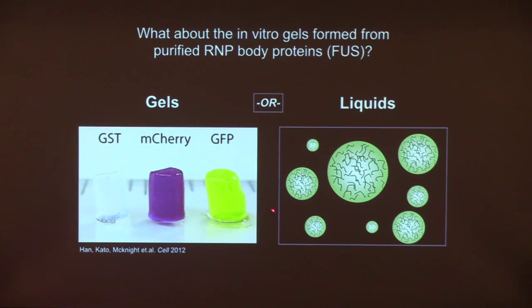We've been thinking a lot about this and trying to understand. We noted that in these experiments, the proteins are at really high concentration, and these experiments are typically done by leaving the proteins in the fridge for a while, so it wasn't clear if these gels would be physiological.